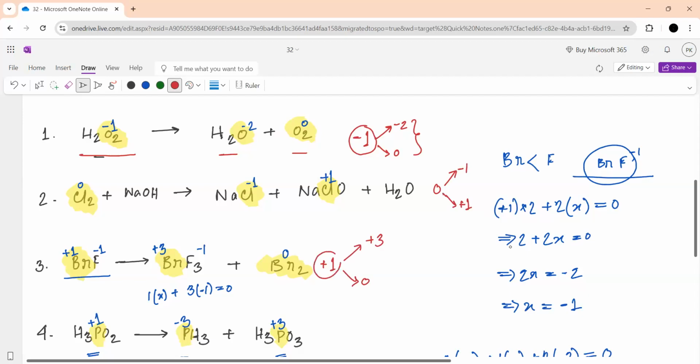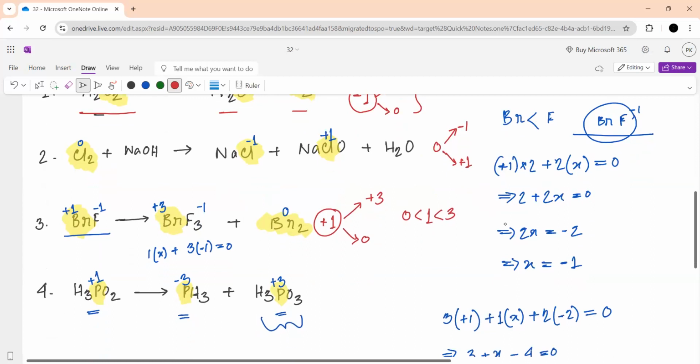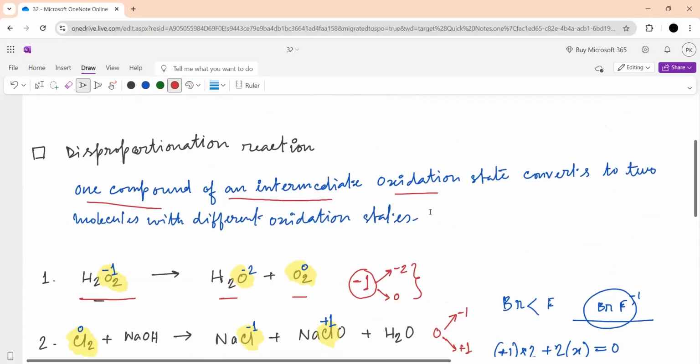So +1 lies between 0 and +3. And similarly, in the last case, we had it in 0, and then it went to -3 and +3. Clearly, 0 lies between -3 and +3. Fine. The disproportionation reaction is fine.